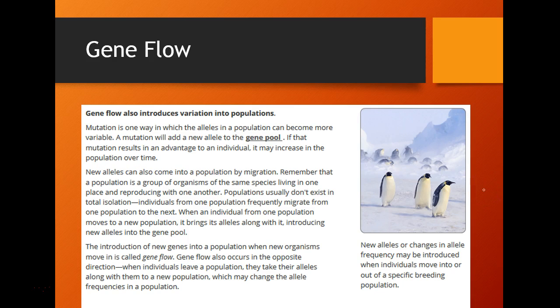Another way that we can introduce variation, remember the first way that we talked about was mutation. Another way would be gene flow. Gene flow is when we actually have organisms coming into a population by migration.